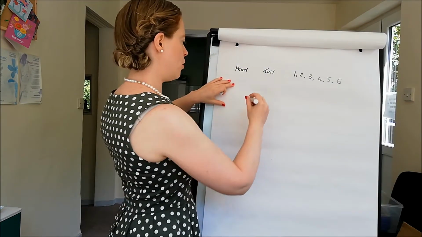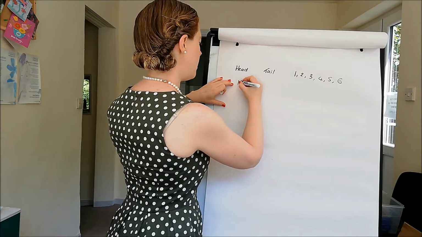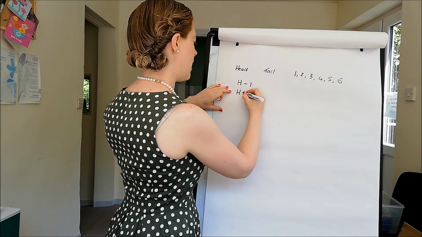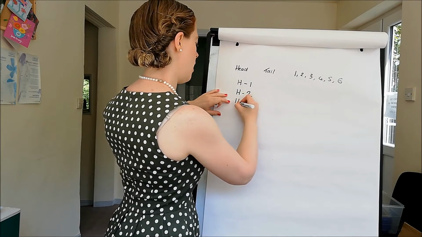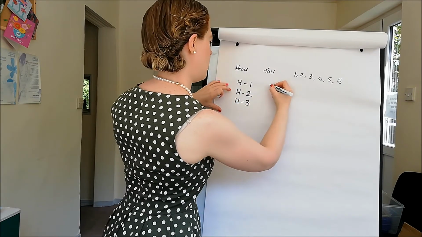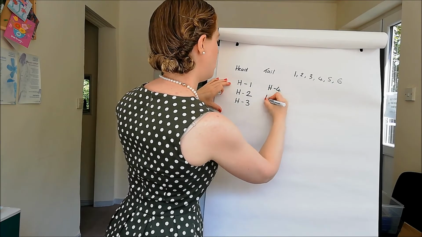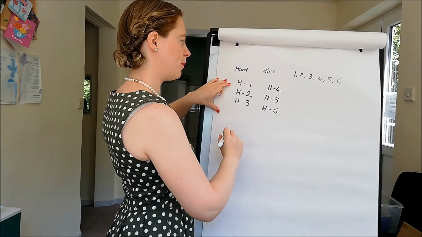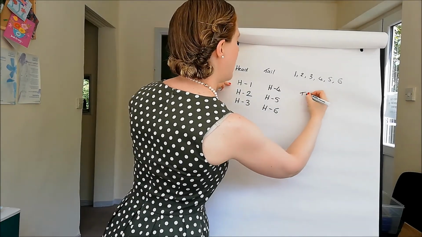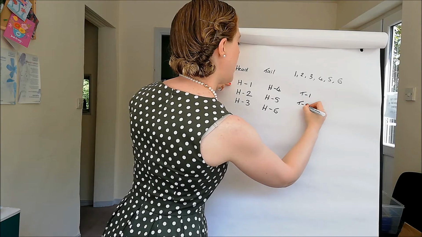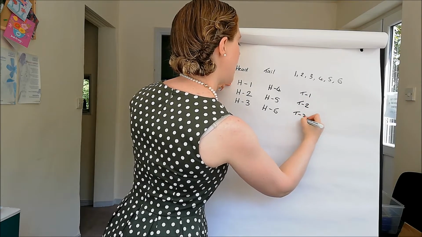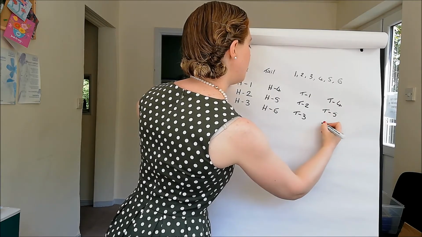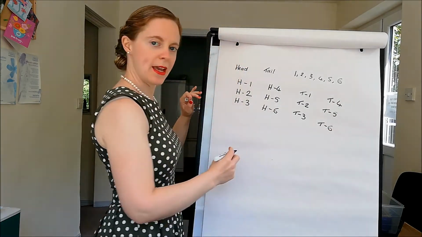That means that we could either get a head with a 1, a head with a 2, a head with a 3, a head with a 4, a 5 or a 6. Likewise, we could get a tail with a 1, a tail with a 2, a tail with a 3, tail 4, tail 5, and tail 6.